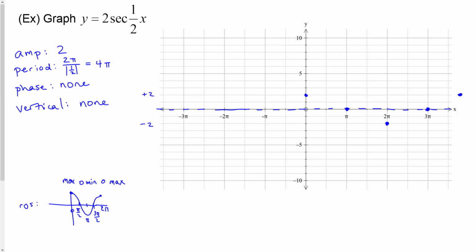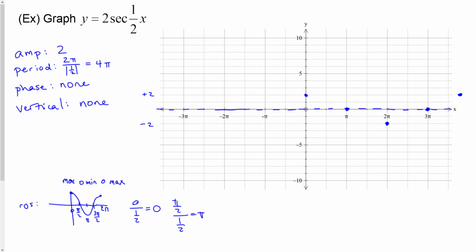This has to happen in twice the amount of time, because your period is divided by 1/2. So if you take 0 divided by 1/2, whoops, not pi over 2, sorry. 0 divided by 1/2, that's still 0. If you take pi over 2 divided by 1/2, that's going to be pi.